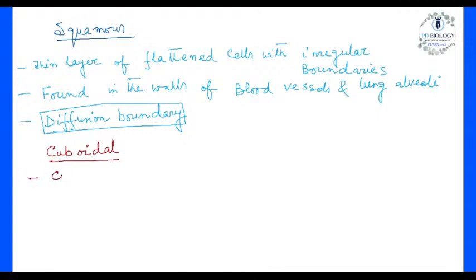These are compressed cube-like cells. They are mostly present in the ducts of glands and tubular part of nephron.